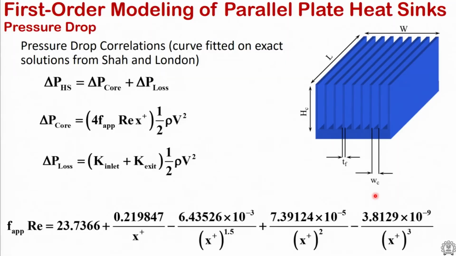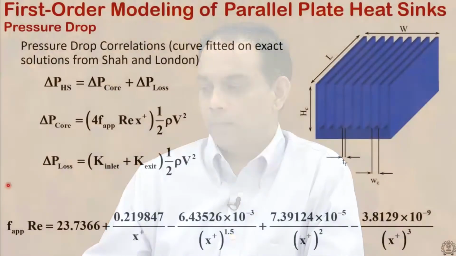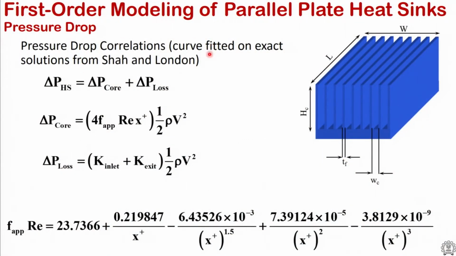So as I said, we'll first discuss a very simple model for pressure drop for heat sinks, obtained by using the so-called correlations that exist. In a pressure drop situation for a heat sink, if we want to predict the pressure drop, there are two main contributors. One is the core pressure drop, that is the pressure drop due to flow between the fins.